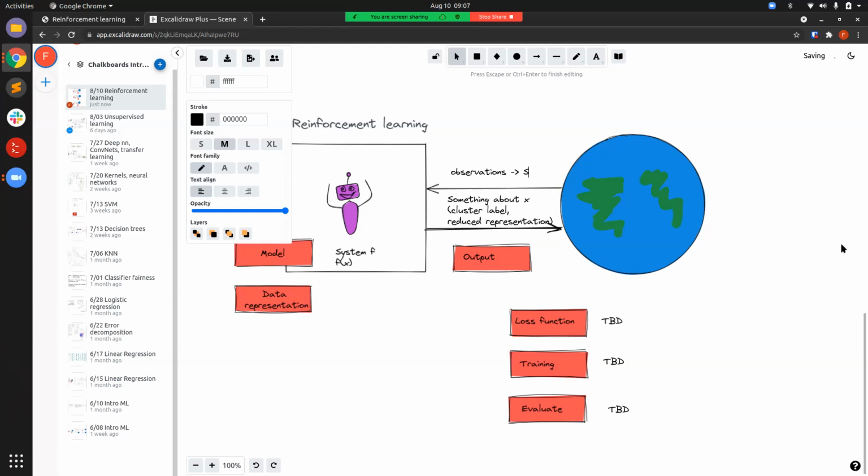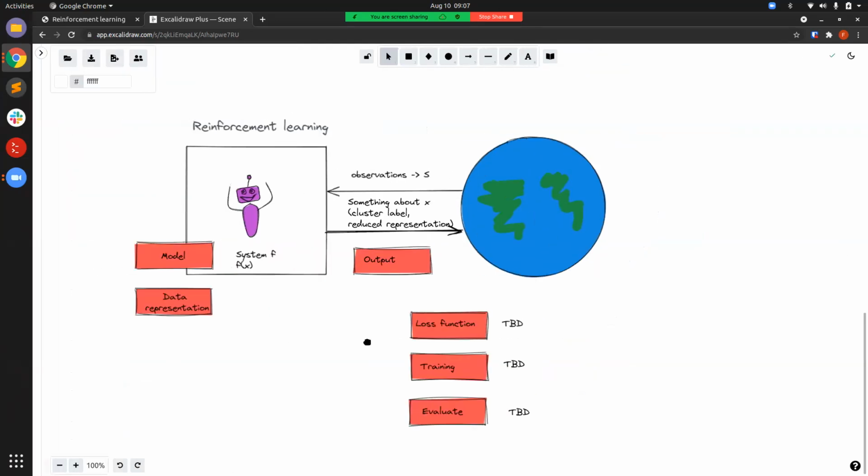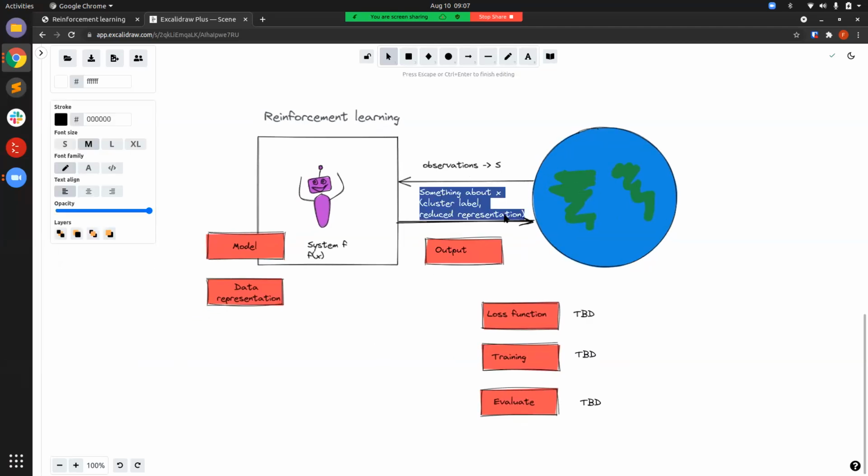We can represent those by saying it observes its state in the world. So where is it in the world? What is its context? Then the system will decide what it wants to do next in the world. So a reinforcement learning model is trying to learn something about how it should interact with the world. So the output of the reinforcement learning model will be some action.